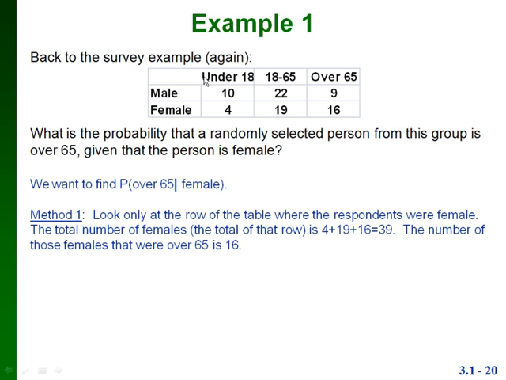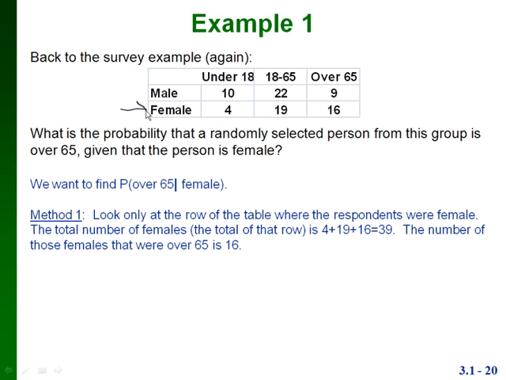The first way we can do this, if we already have the numbers in a table, is that we can just look at the row of the table where our respondents are female, because those are the only ones that we're interested in. We already know the person is female, so we can just consider that as our complete data set.